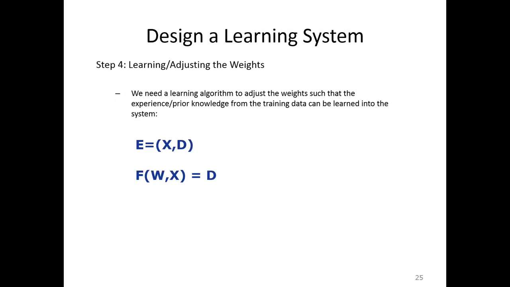But usually any function has parameters, and we need to play with these parameters in order to increase the performance of our system. So the experience E is x and d. We need to build our function to be exactly equal to d.